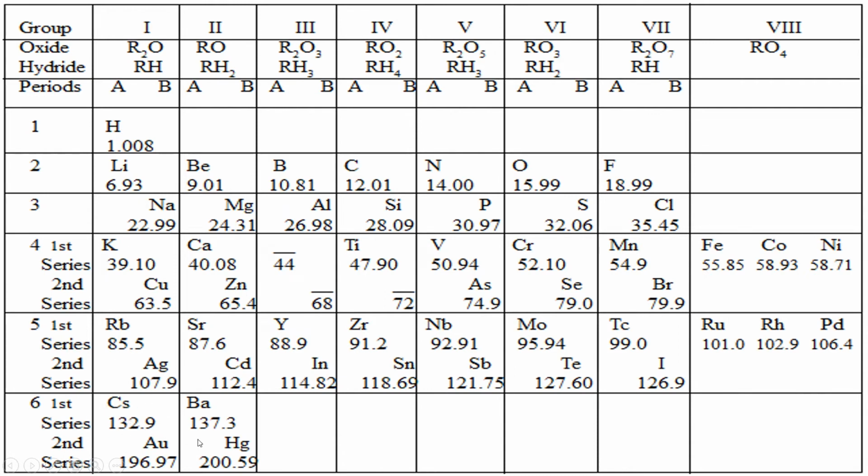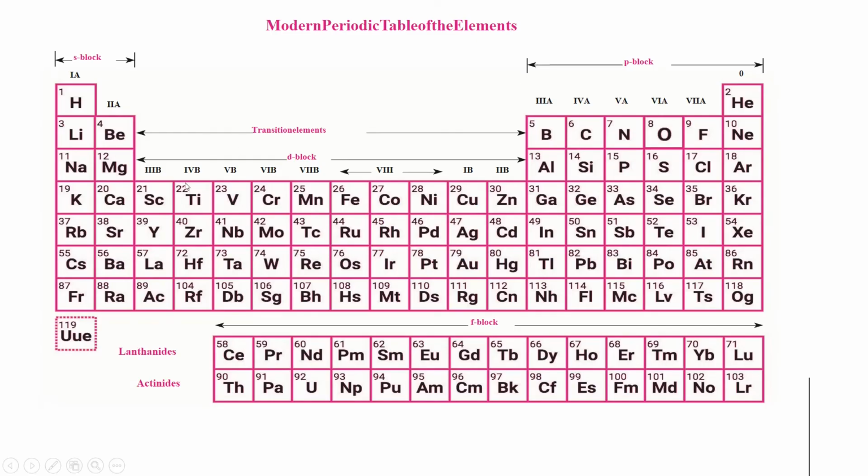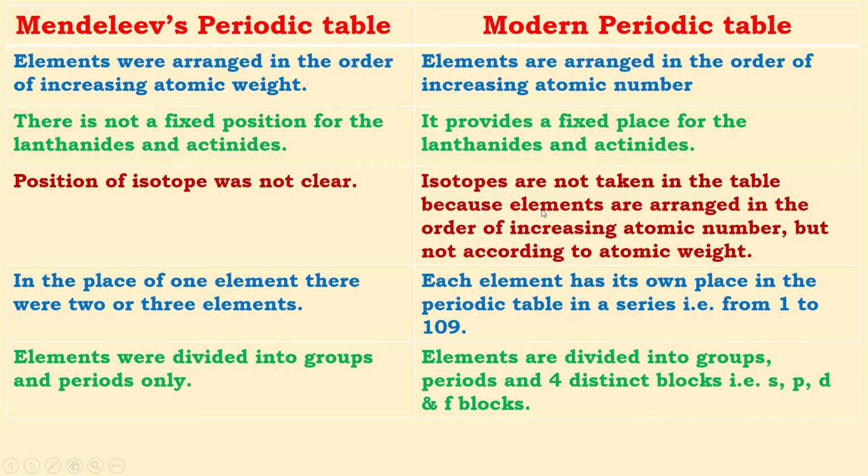There, in place of one element for a particular box, there were two or three elements in the Mendeleev periodic table. But in the modern periodic table, each element has a definite position in the periodic table. In one box, there is only one element.